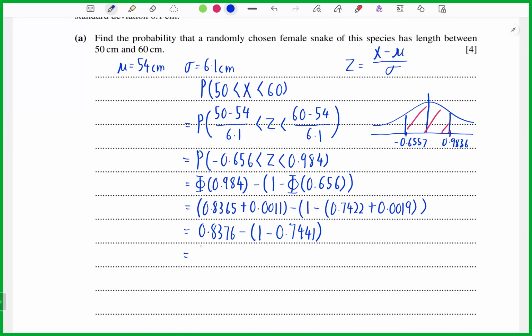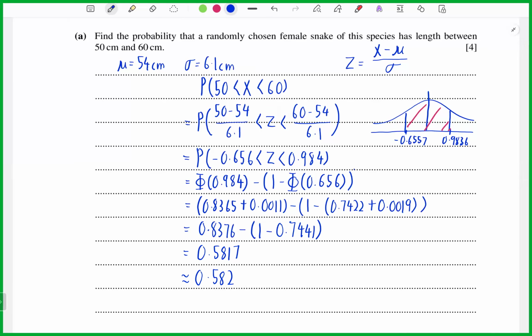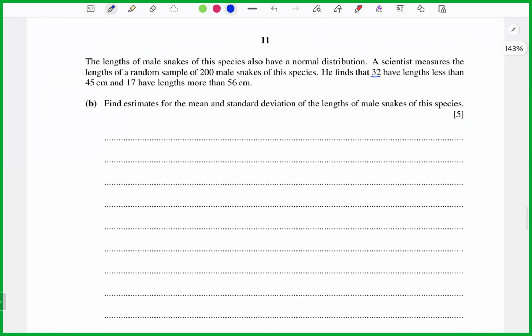The answer here is 0.5817, but don't forget, make sure your answers are in three significance figures. So your final answer here is 0.582.